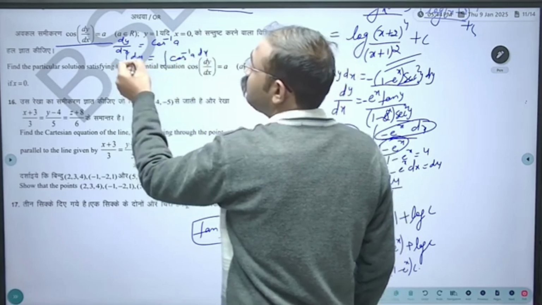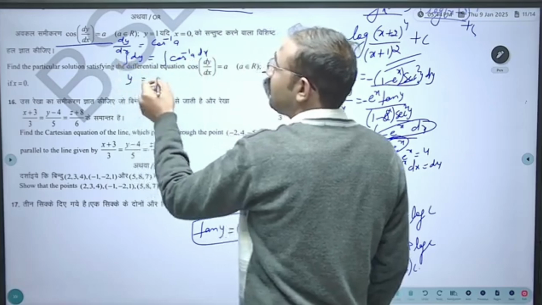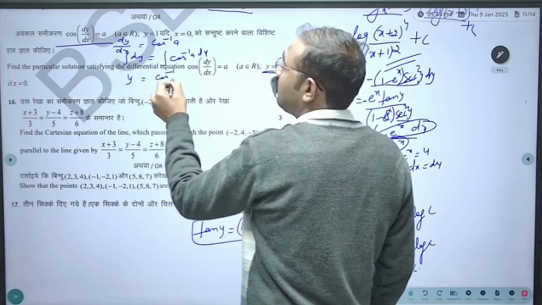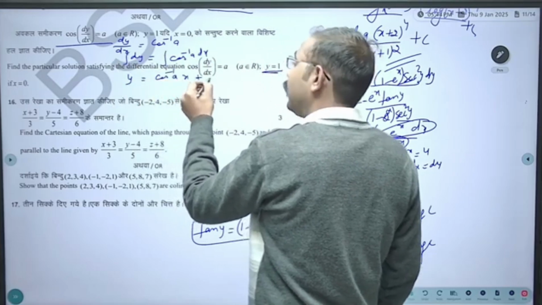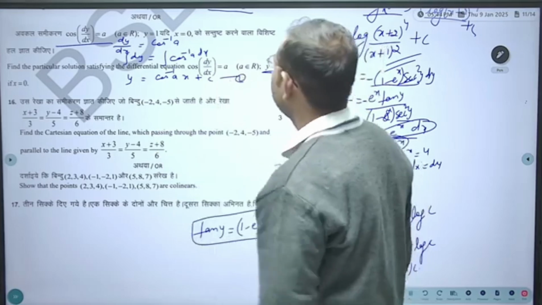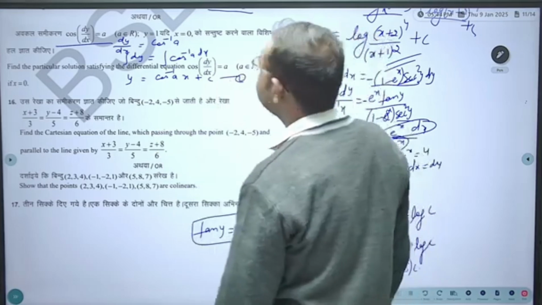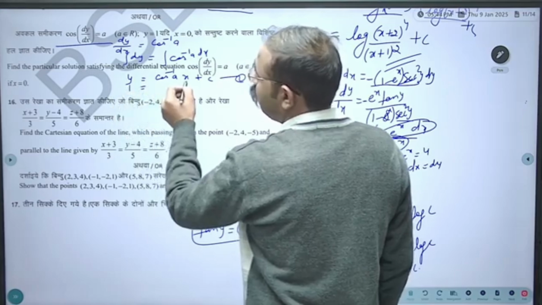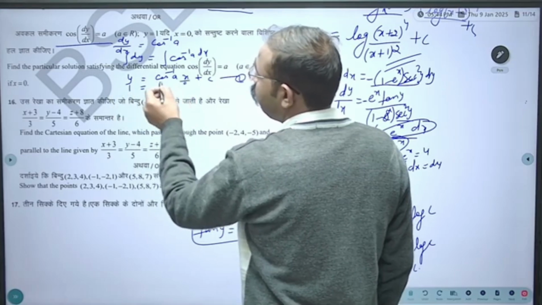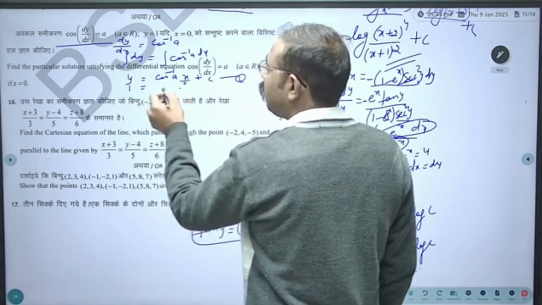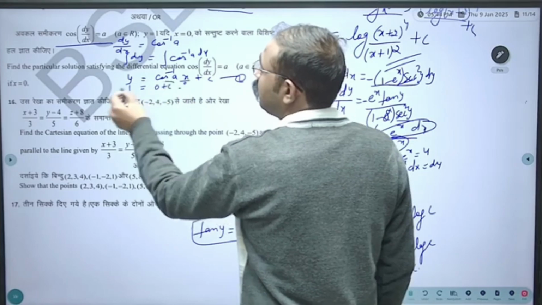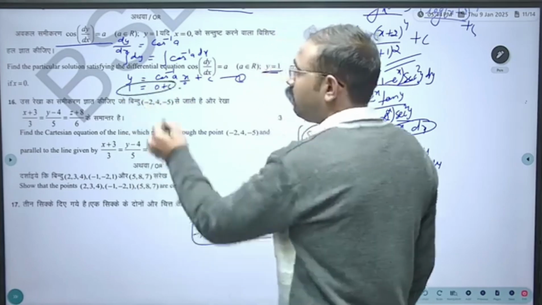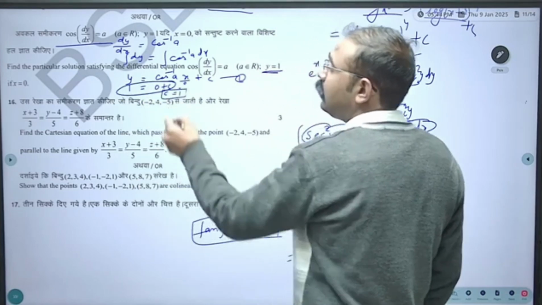By integrating both sides, integration of dy, cos inverse a is constant, and dx is x plus c. Equation first. Now put x is equal to 0 and y is equal to 1, at the place of y 1, at the place of x 0, and this complete will be 0 plus c, and c will be 1. Value of c is 1 here.